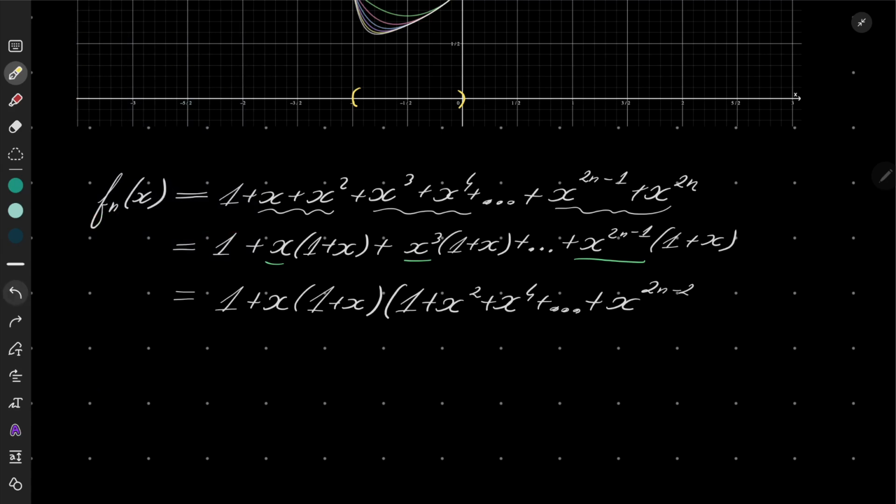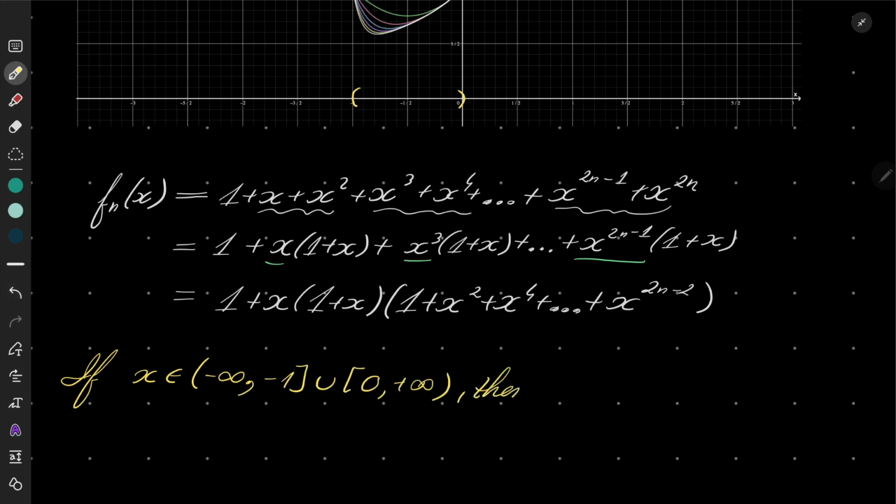If x is either in this interval or in this interval, then f n of x is necessarily greater than or equal to 1. Why is that?